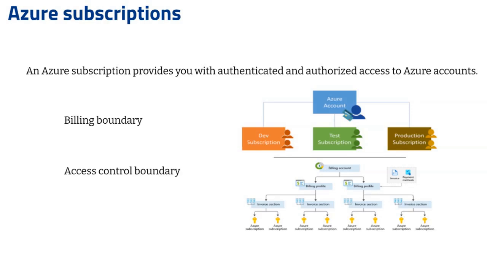What about access control boundaries? Azure applies access management policy at the subscription level, and you can create separate subscriptions to reflect different organizational structures. An example is that within a business, you have different departments to which you apply distinct Azure subscription policies.